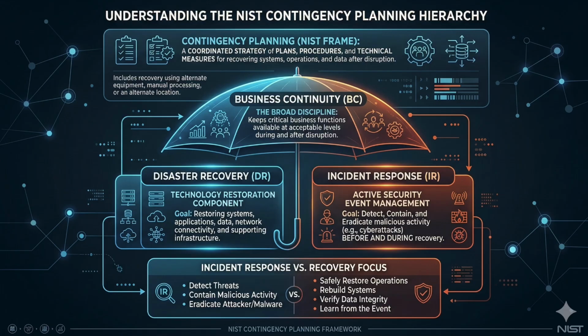Incident response focuses on detecting, containing, and eradicating malicious activity, while recovery focuses on safely restoring operations and learning from the event. So the relationship is best understood as a hierarchy. Business continuity is the umbrella. Disaster recovery is the technology restoration component. And incident response is the discipline that manages the active security event before and during recovery.